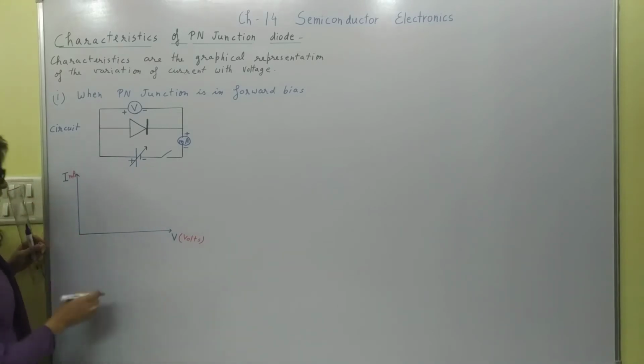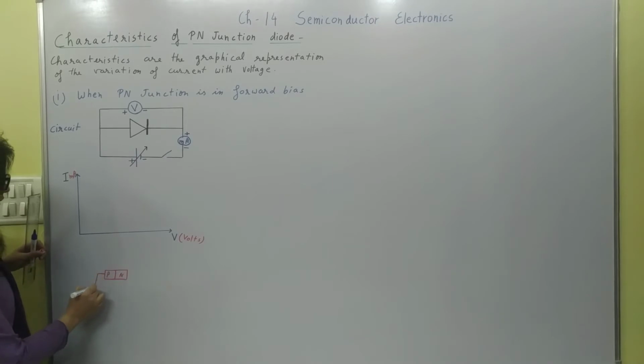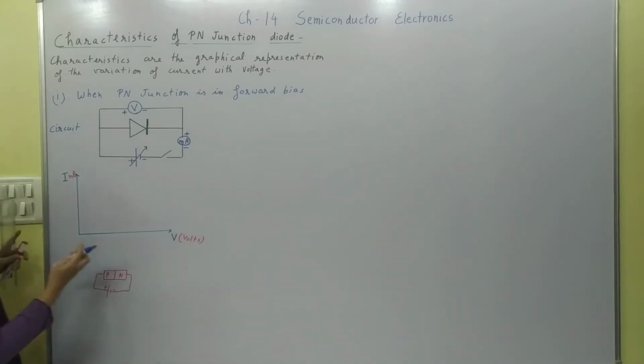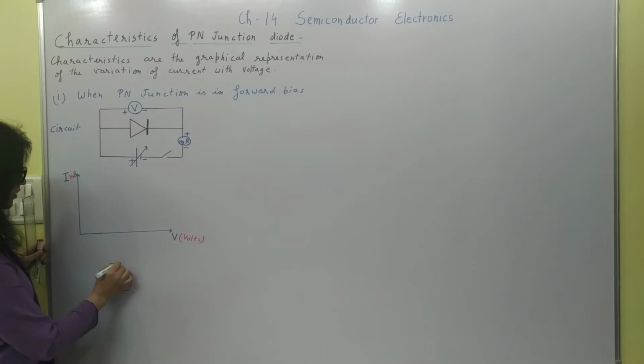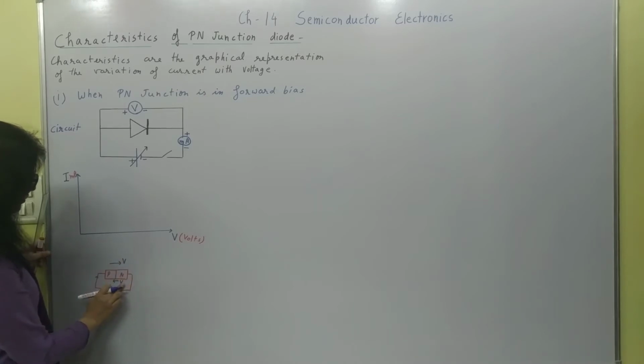What happens is, if you recall the diagram of the PN junction, where we studied this is your PN, and when it is forward biased, this is the direction of current. This is the direction of the applied voltage, and this is the direction of the barrier potential, which was denoted by V naught.